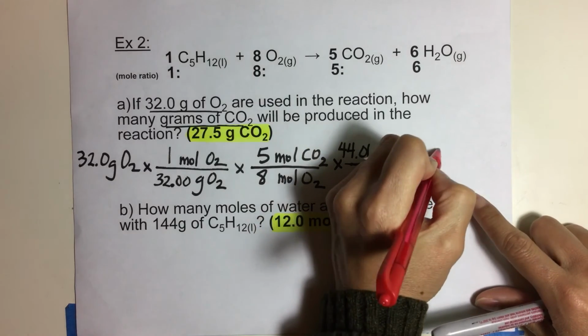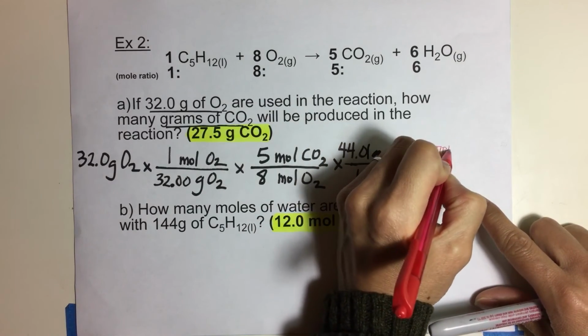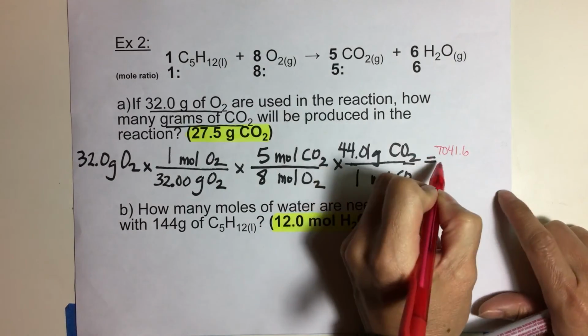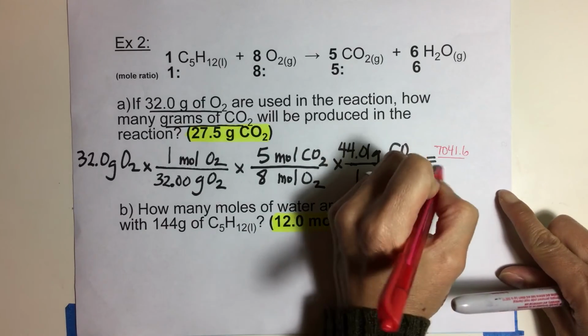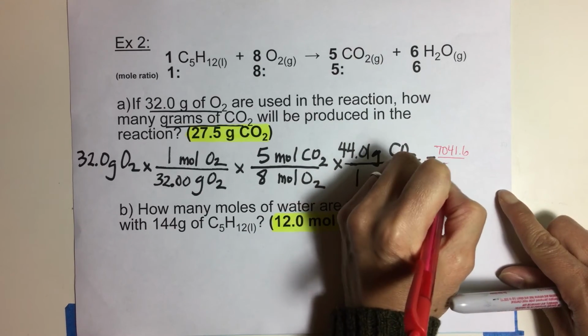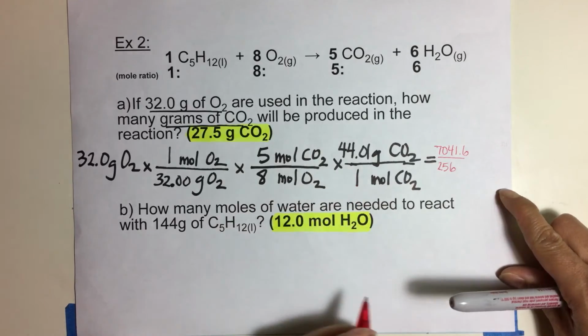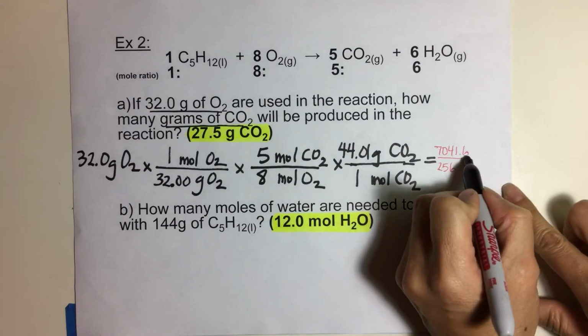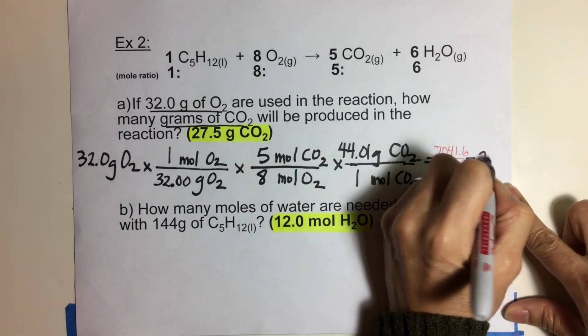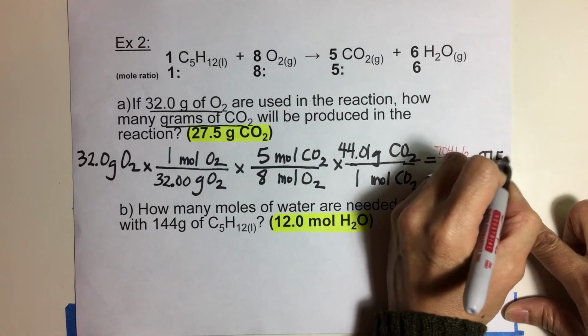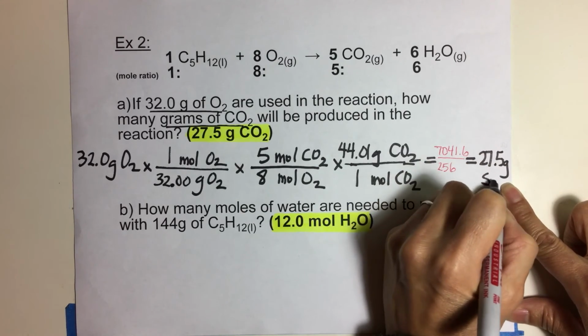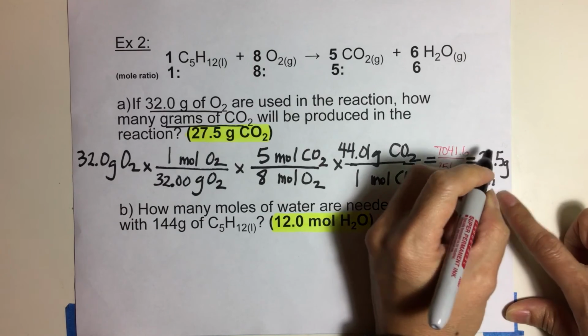And so the answer ends up being 7041.6 when you multiply the top. And then when you multiply the bottom denominators, you get 256. And so when you divide these two numbers, you now get 27.5 grams of, oh, I'm so sorry.